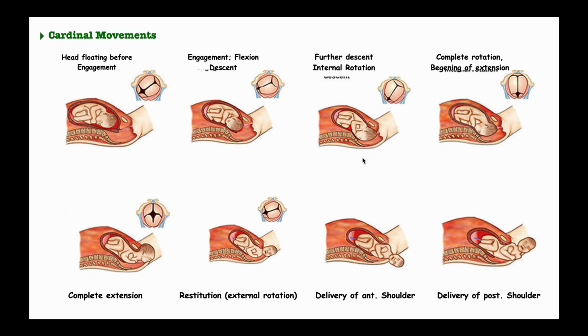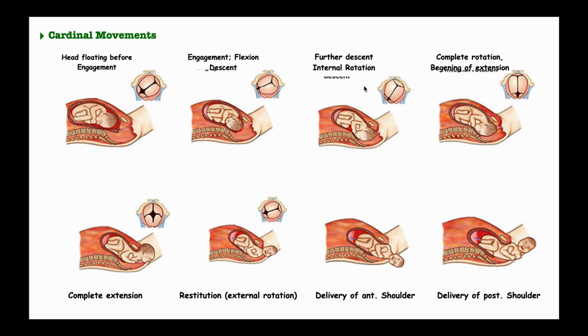Now, something interesting happens, as I said over here. So during the rotation, or during internal rotation, as the head further descends, the presenting part usually is in a transverse position, and so it is rotated for about 45 degrees anteroposterior.